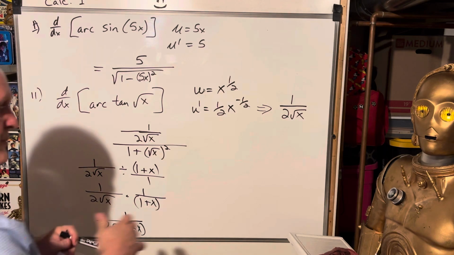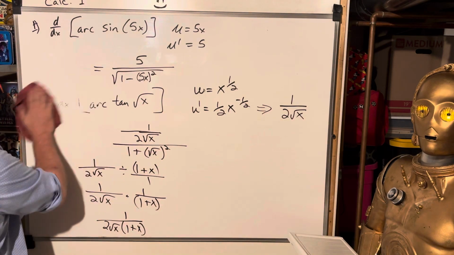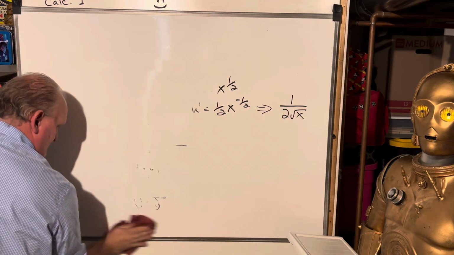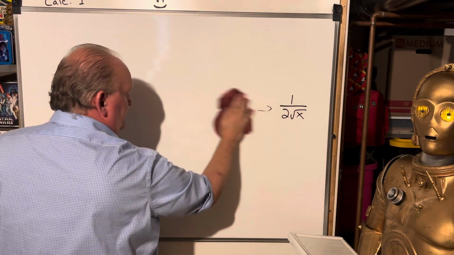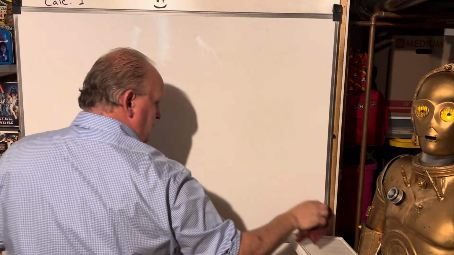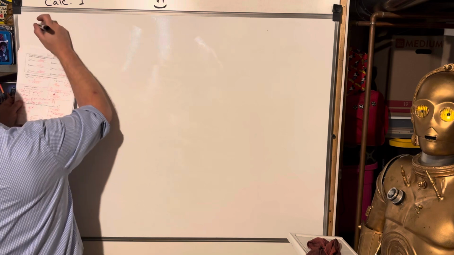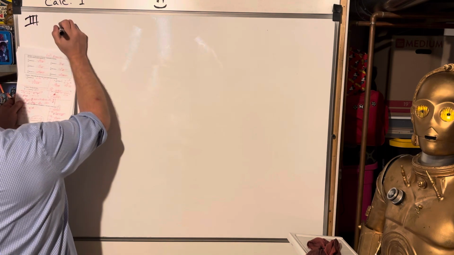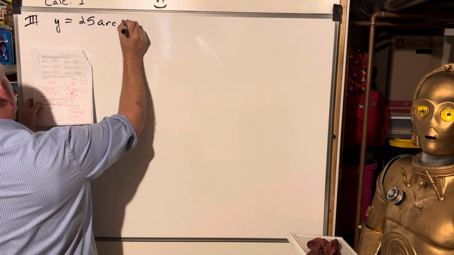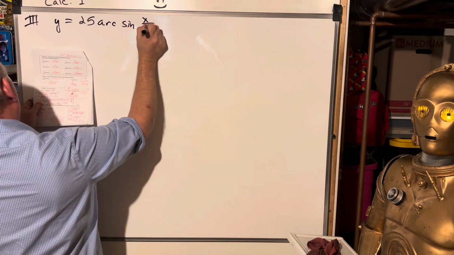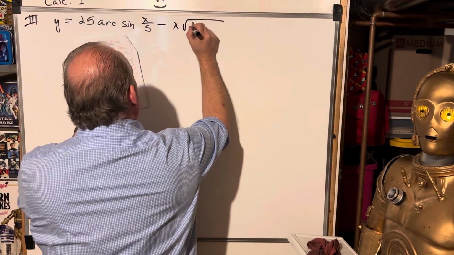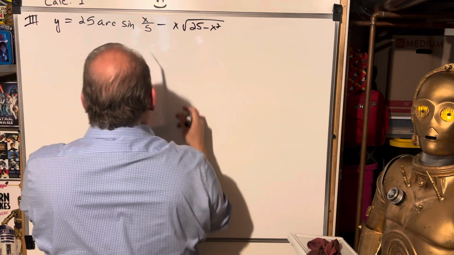So number 3. y is equal to 25 arc sine of x over 5 minus x square roots of 25 minus x squared.